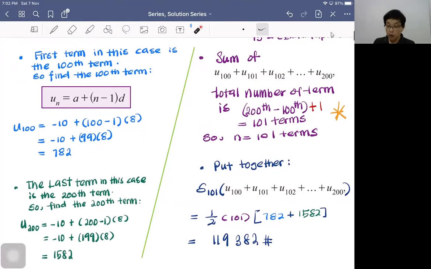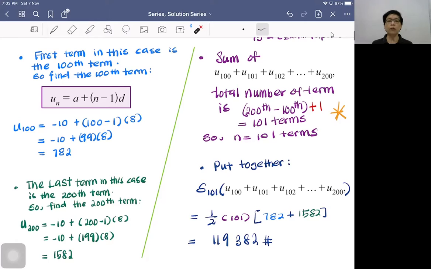For that reason, from the ordinal numbers, 200 minus 100, we get 100, and we plus 1 to make up the total terms, which is 101.